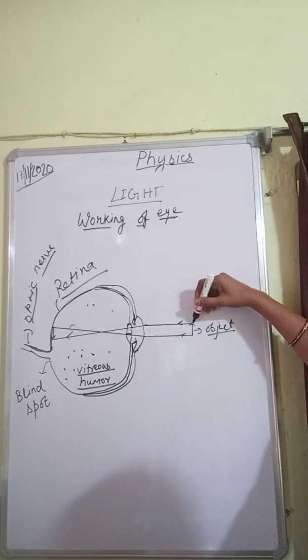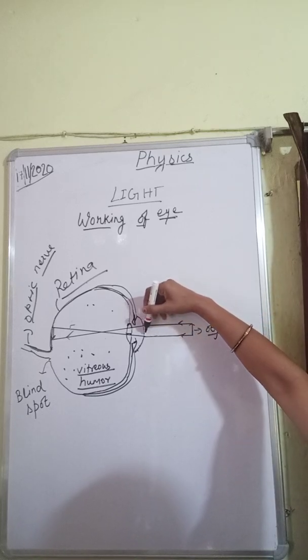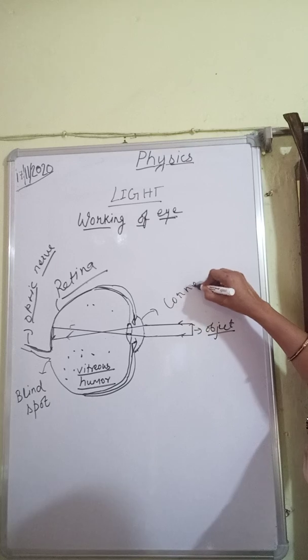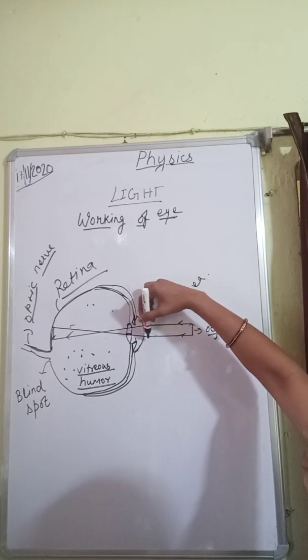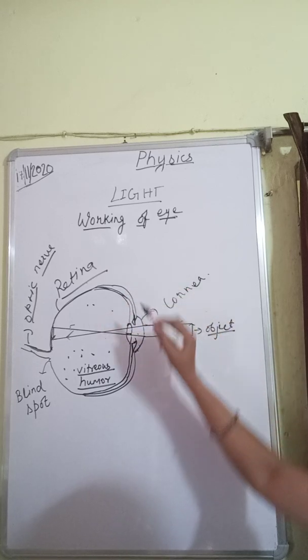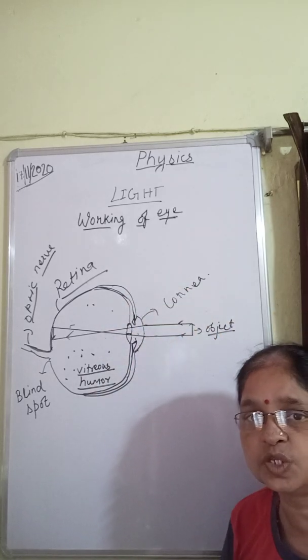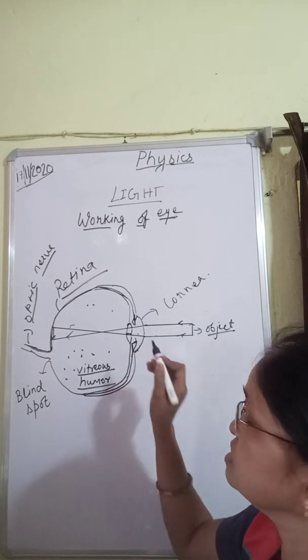Light falls on this object and enters our eyes through the cornea. Just beside the cornea there is the aqueous humor, which means the medium changes.